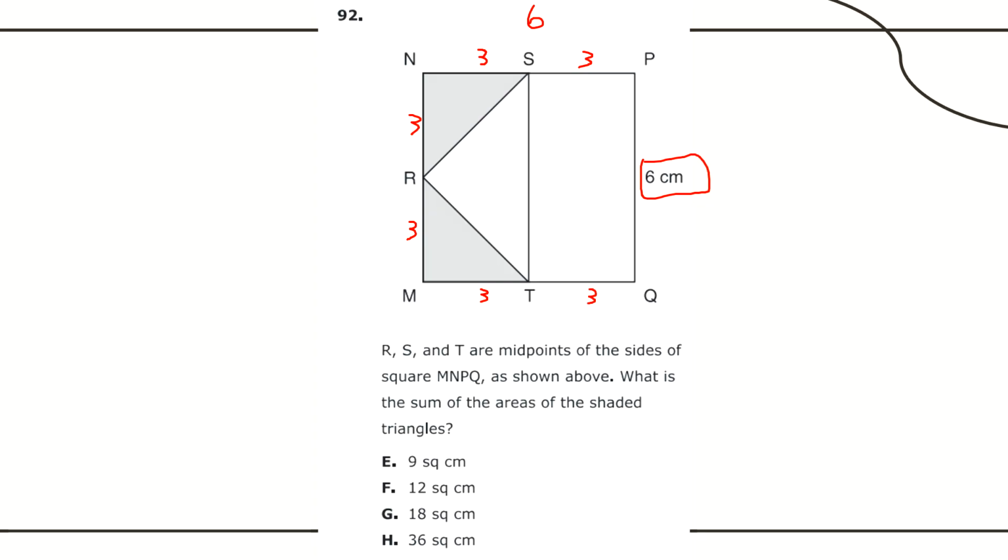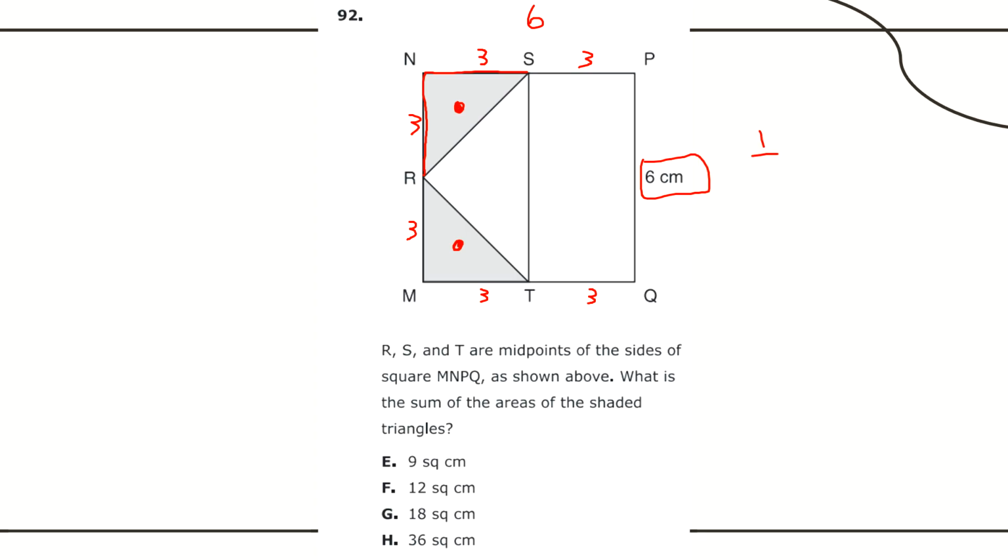Okay, and now we actually have all the information we need to solve this problem. We have to find the sum of the areas of the shaded region, so this region and this region. And we're going to use our area of a triangle formula, 1/2 base times height. In this case, both the base and the height of each triangle is 3.